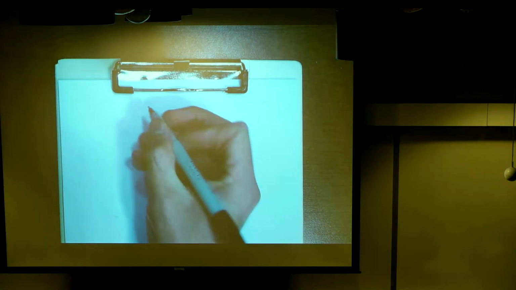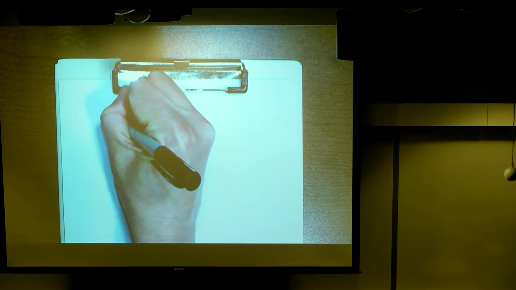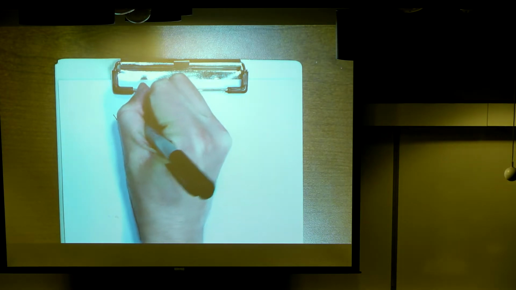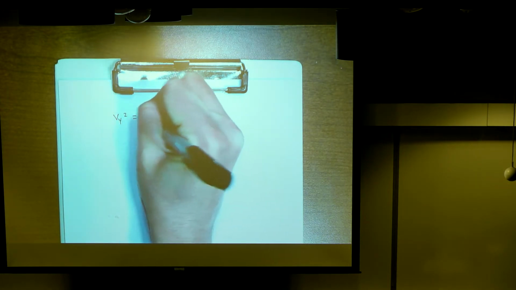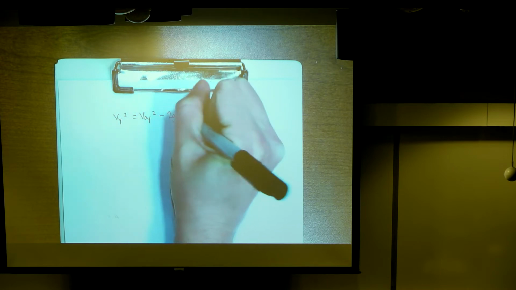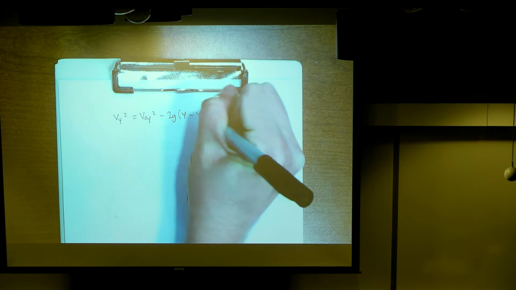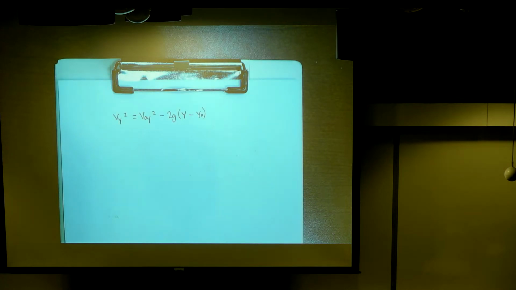So kinematic equations. We have a lot to choose from. I'm just going to write this one down. Hopefully it looks familiar. Vy squared equals V naught y squared minus 2g times (y minus y naught). That's the kinematic equation I want to think about for the time being.